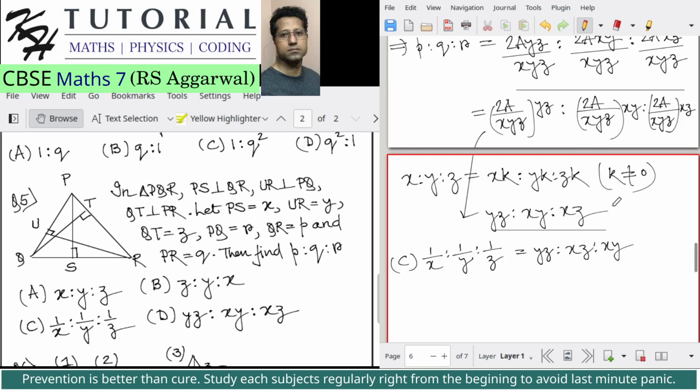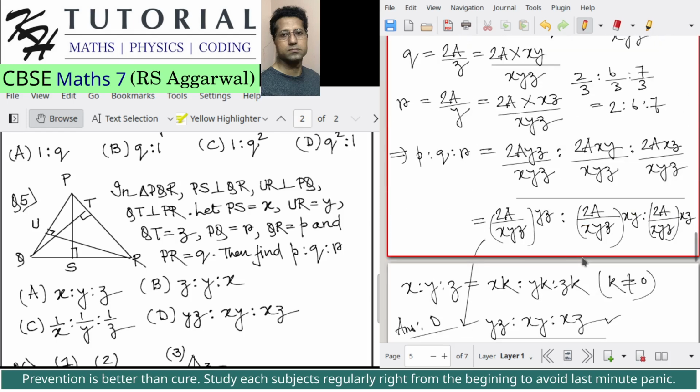So this is the value of the ratio of P is to Q is to R. So the correct choice is D. Now, if I am wrong anywhere in applying the concept of ratio and proportion in this problem, please do let me know. I will appreciate that.